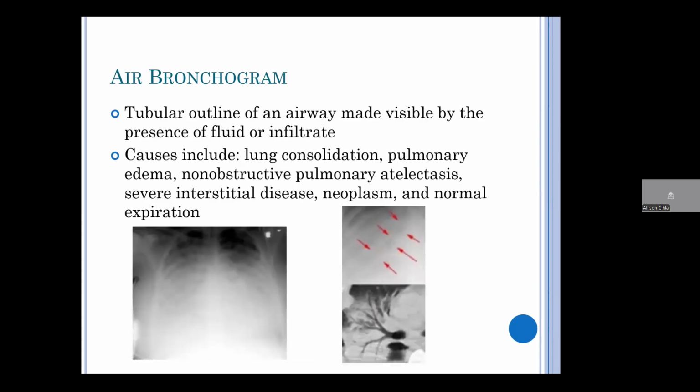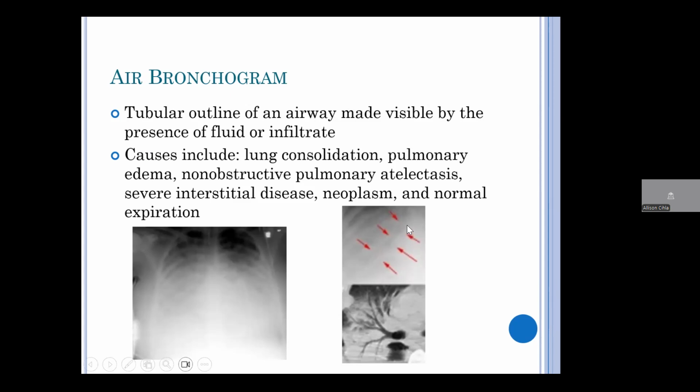The other sign that we frequently discuss when we're talking about chest x-rays is the air bronchogram sign. And what this is, is a tubular outline of an airway that is made visible because there's some type of process occurring outside of that airway. We can see this with lung consolidation, pneumonia, edema, atelectasis, some types of interstitial disease, cancer, and then sometimes we can see this on normal expiration films as well.